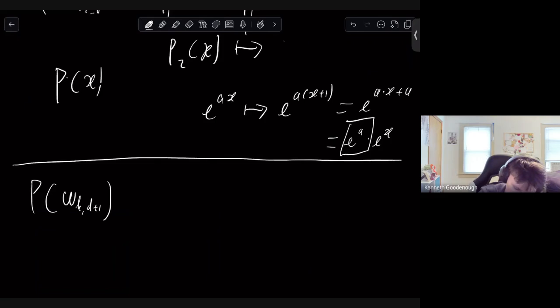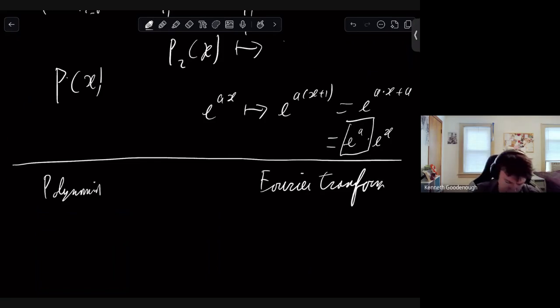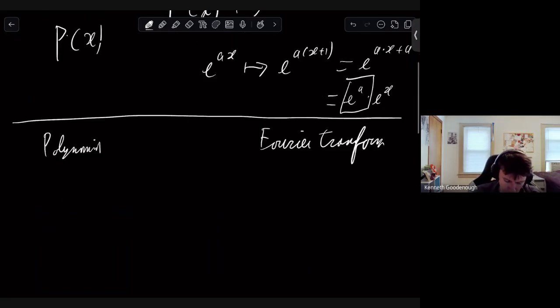Namely, if we have on the left-hand side the original polynomial, and here we have the Fourier transform picture. So we just plug in here the roots of unity. I want to sort of relate these pictures.